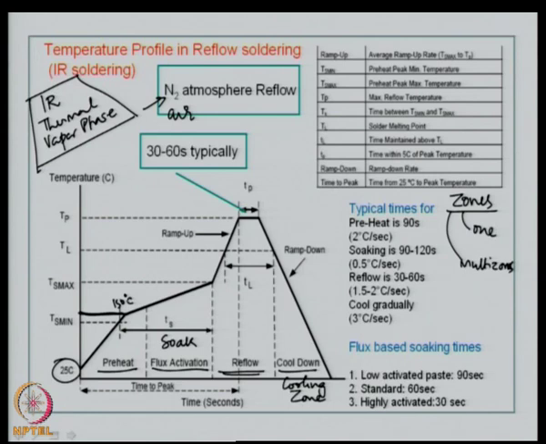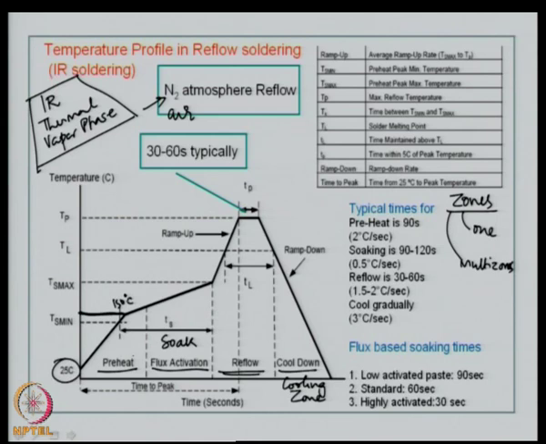Remember, we talked about moisture entrapment in capacitors, in BGA packages, in epoxy packages, and so on. So, when you are having such a situation where you might be having a large number of epoxy based packages or tantalum capacitors, ceramic capacitors, you want to remove the heat slowly, gradually.